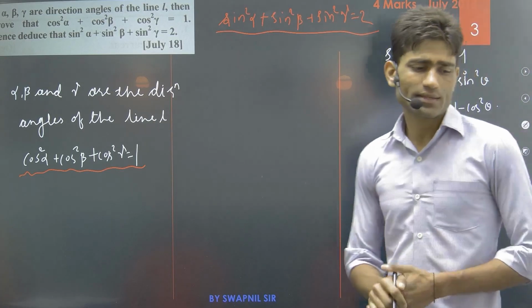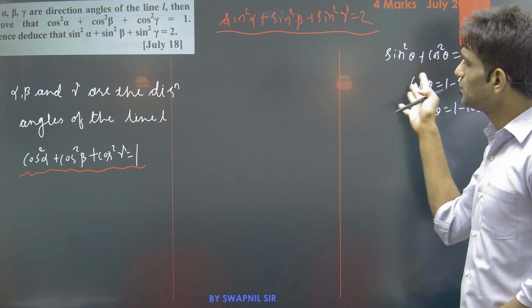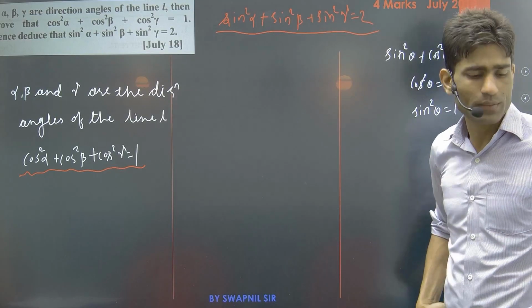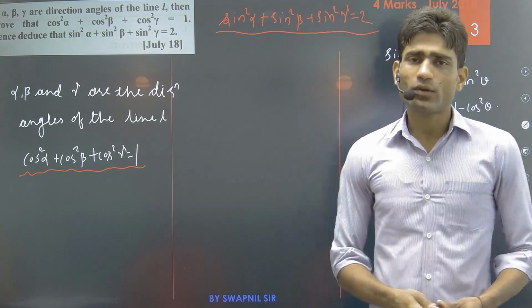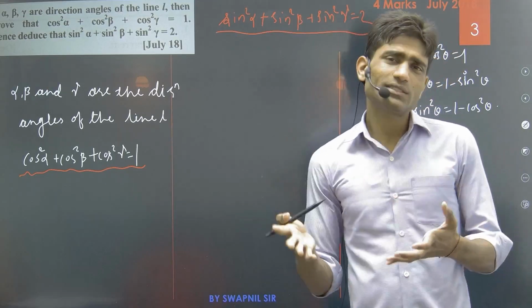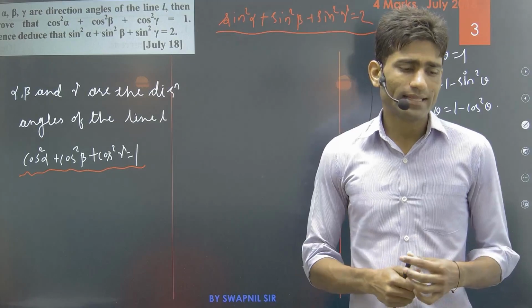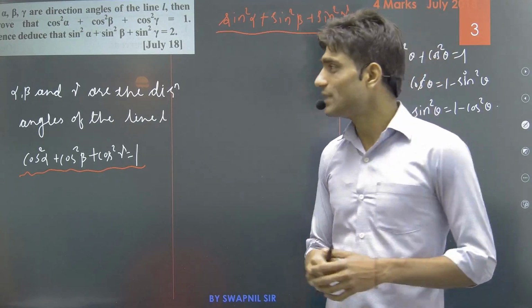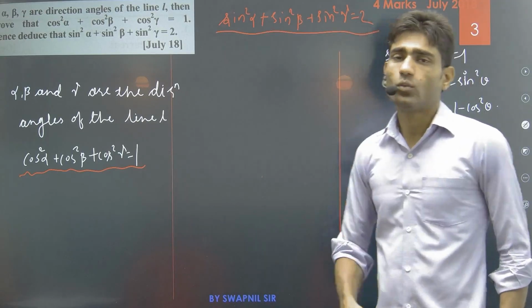Now what we do is substitute these values in cos square alpha, cos square beta and cos square gamma. Cos square alpha can be written as 1 minus sin square alpha, similarly cos square beta can be written as 1 minus sin square beta, and third, cos square gamma can be written as 1 minus sin square gamma. And the right side remains 1 as it is.